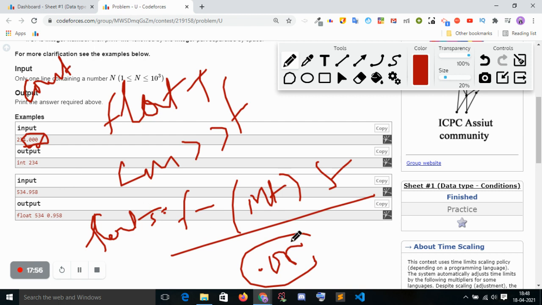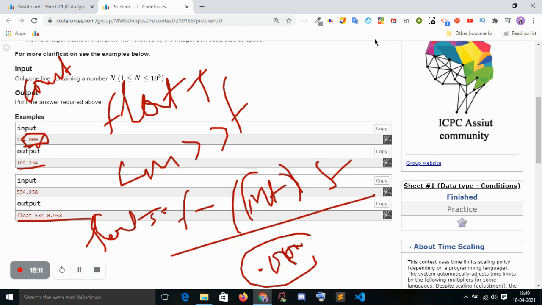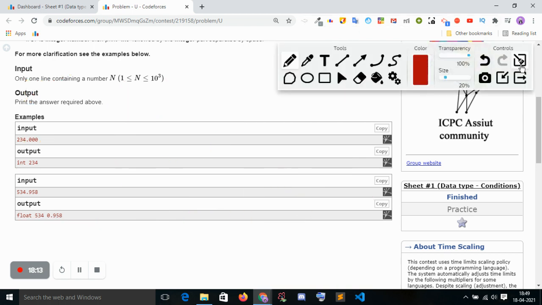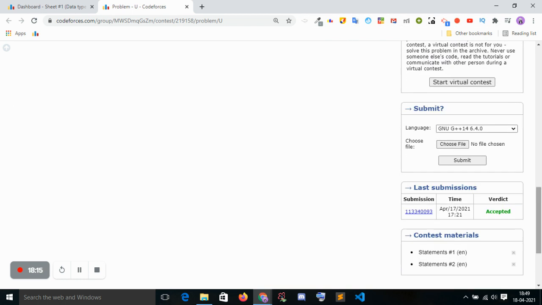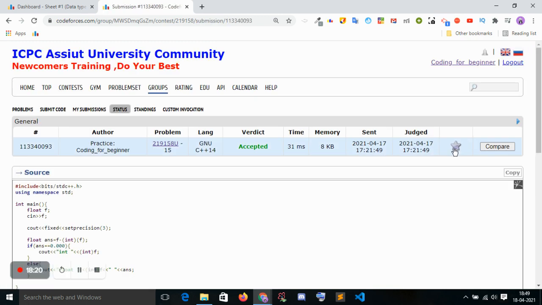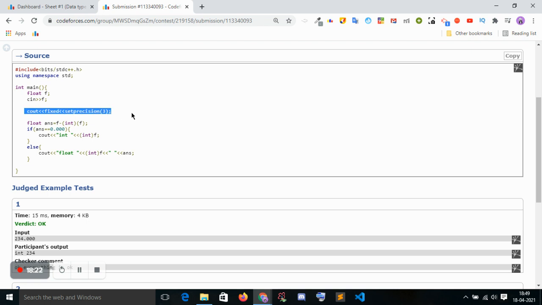So if it is equal to 0.000, that means it's an integer, 23. If it is not, you should print like that. Here the typecast also matters. I'm telling you what is actually happening. So I use fixed and setprecision 3, and I do f minus int f.